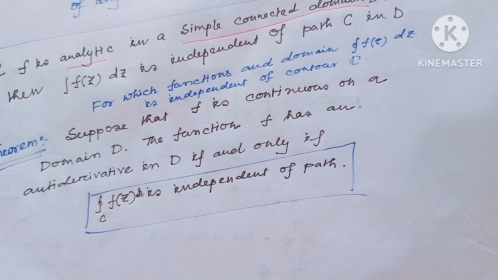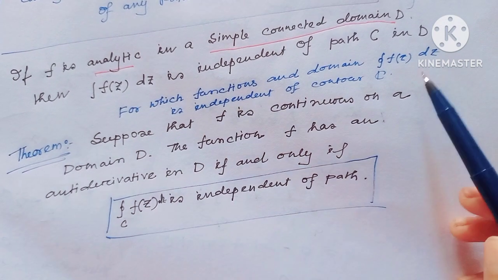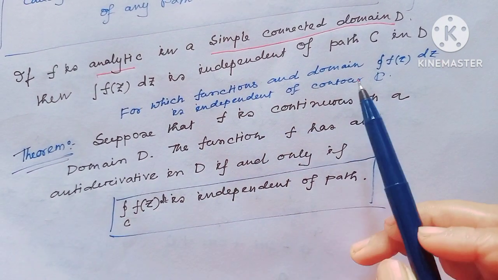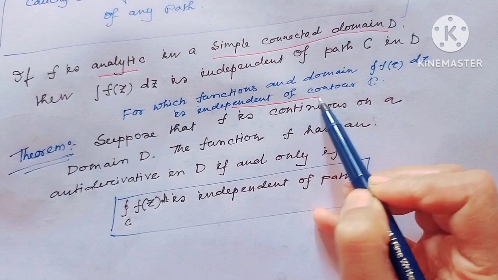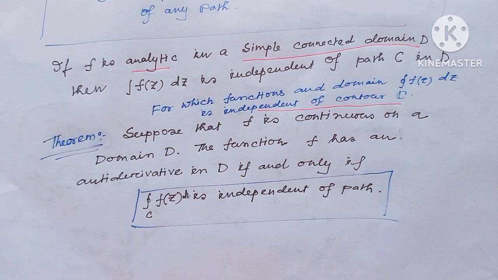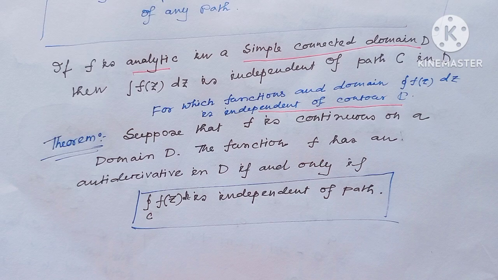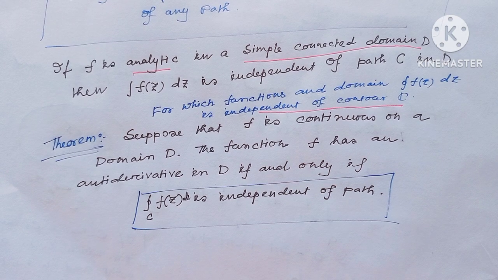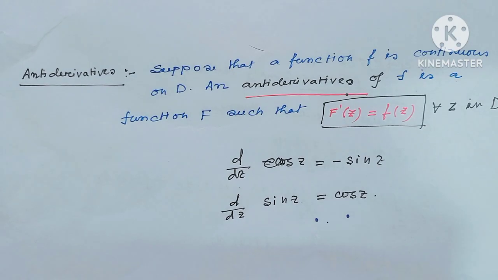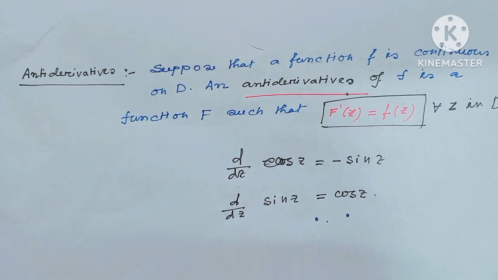That means today I will say for which functions and domains the integral of f(z) dz is independent of contour. Since everything depends on the antiderivative of a function, first let us define what an antiderivative is.